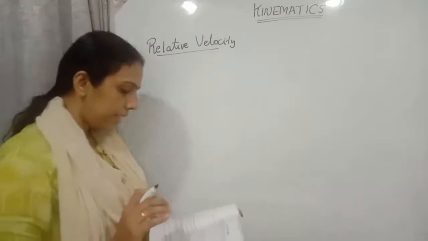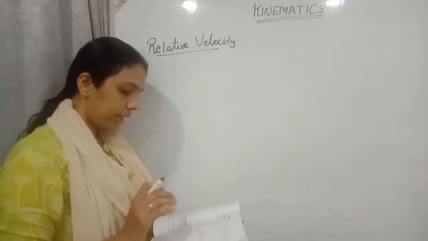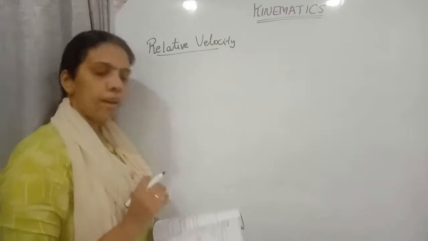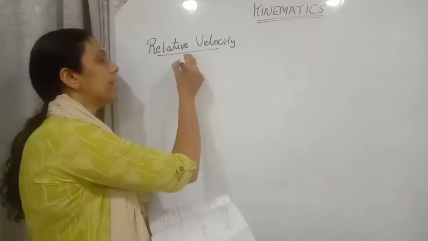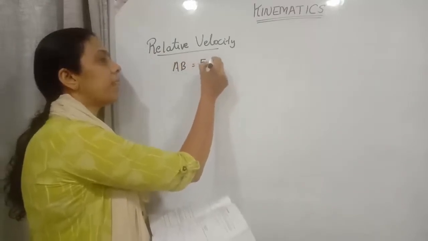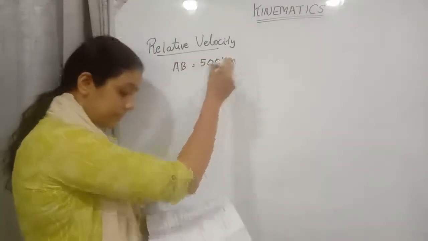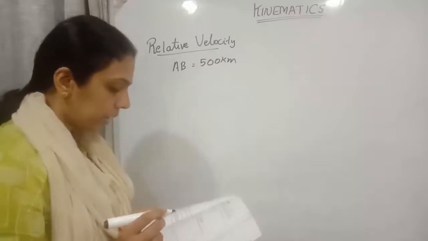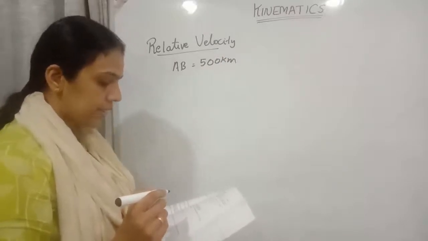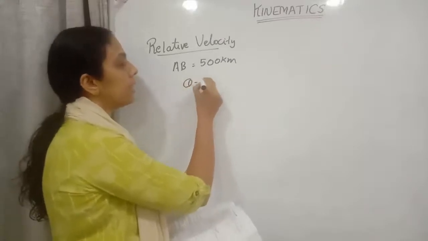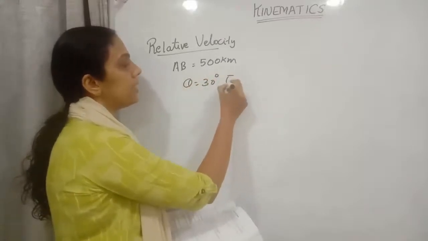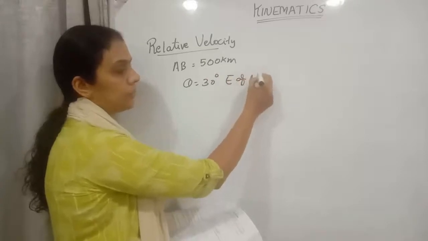So an aeroplane has to go from a point A to another point B 500 km away. So AB, the distance, is given as 500 km. Due 30 degree east of north, so theta angle is given as 30 degree east of north.